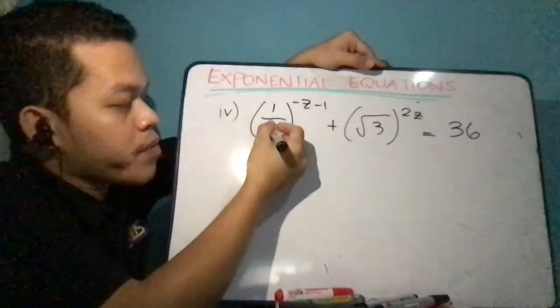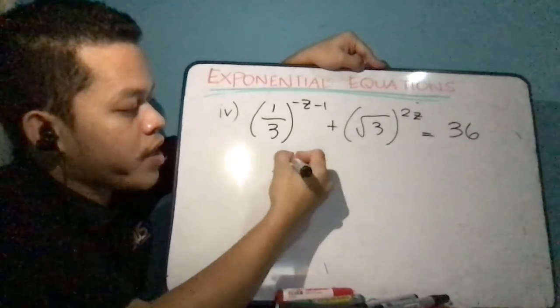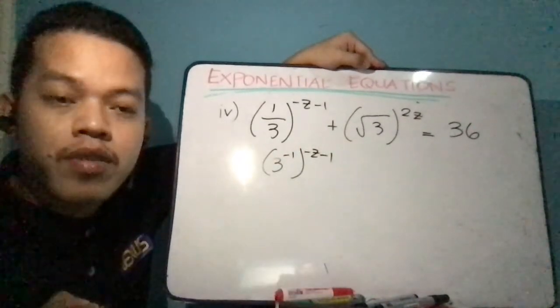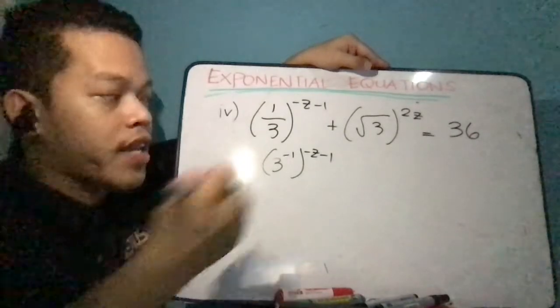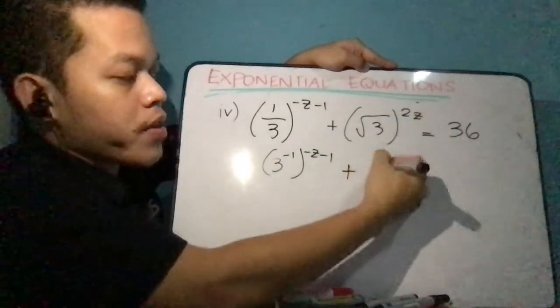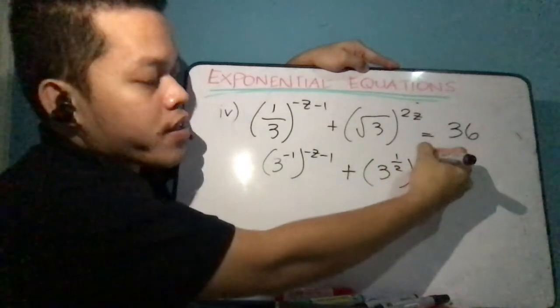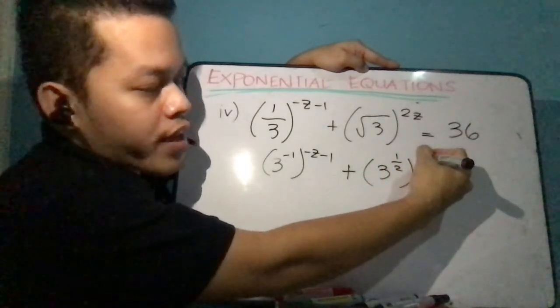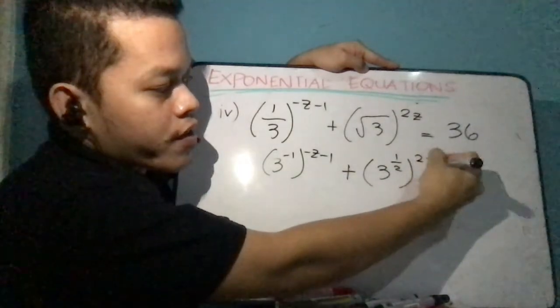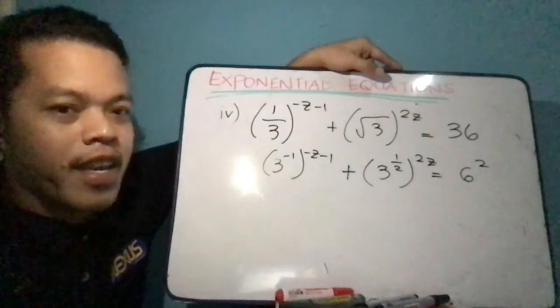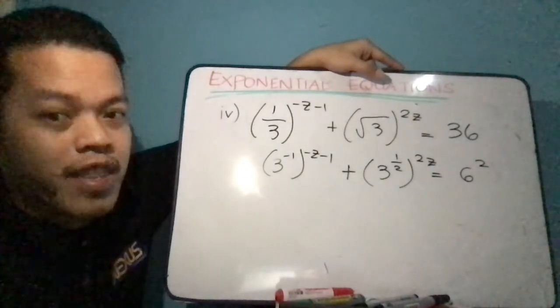Okay, so in example with this one, I can rename this as 3 to the negative 1 to the power of negative z minus 1. This is using the definition of a negative exponent, plus we can transform this as 3 to the 1/2. This is the definition of radicals or fractional exponent equal to 6 squared. Okay, and that's the easiest number that we can think of.